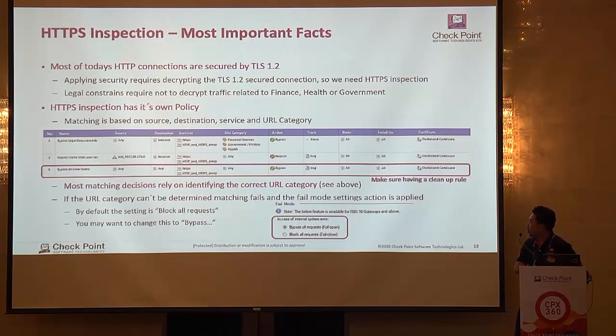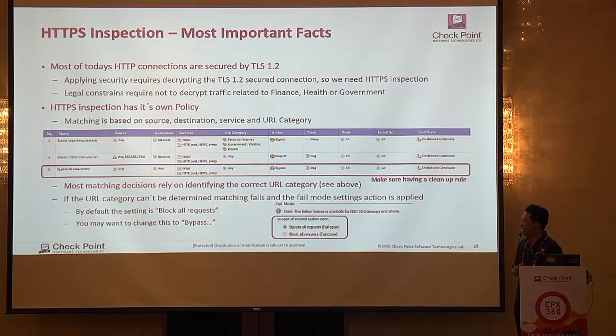Going back to the URL category, we have two ways to enforce when we cannot categorize the URL. One is block all requests, and the other is bypass. Bypass just lets it pass through the gateway, and block just blocks all the requests.